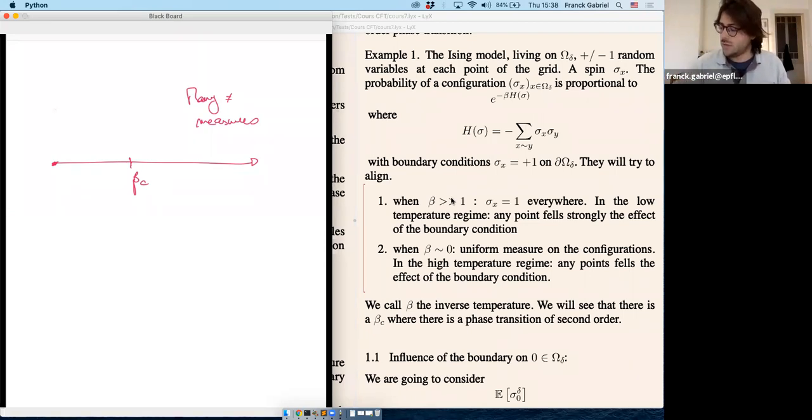And at beta c, I will also have only one measure. By one measure I mean that no matter what I put on the boundary, when I take the limit, it will define the same probability measure on the spin field. So at beta c, I will have one measure which will be interesting.